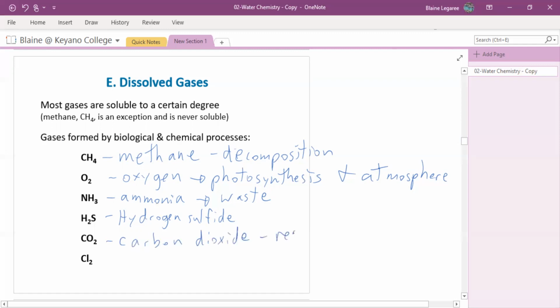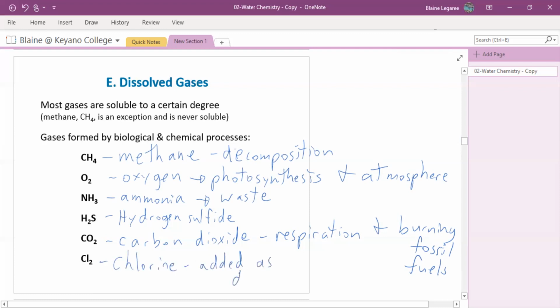So this is from respiration and burning of fossil fuels. And the last one, of course, is chlorine. And this is added by humans as a disinfectant.